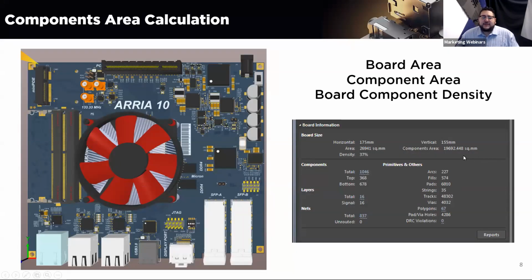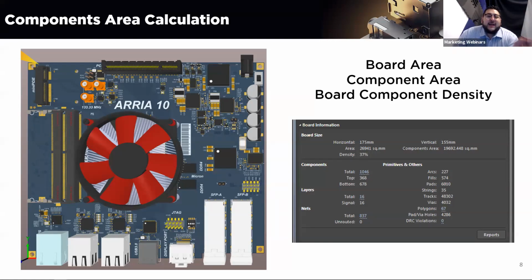On top of this, it's also important to see the area of your components in relation to your overall board. So now in the properties panel, when you're looking at your PCB itself, you're able to see the entire board area and the component area of each individual item.